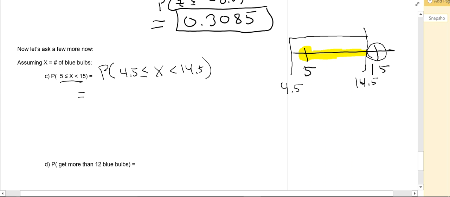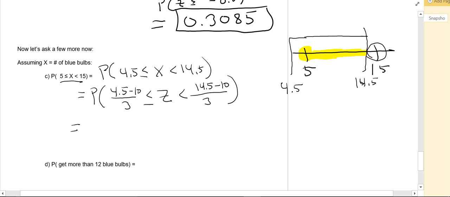My next step is to get to the table. I get to the table by subtracting the mean, dividing by the standard deviation. Get the old calculator out. This is the probability of being between minus 1.83 and 1.53.